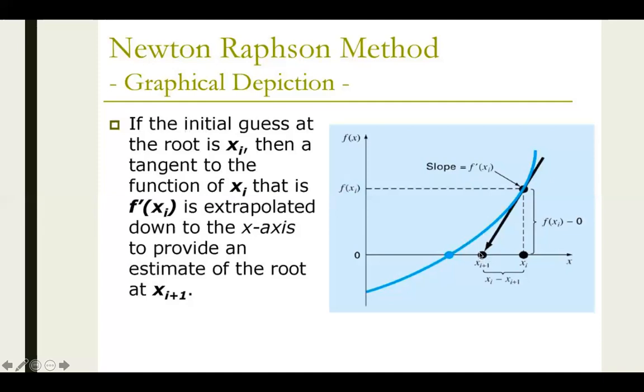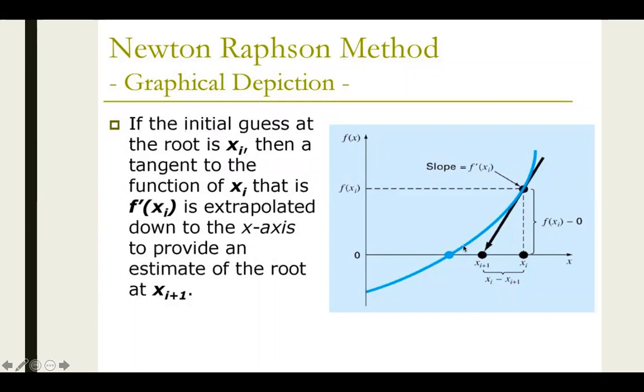In the next iteration, we again take a vertical line from xi plus 1. Then again we find the f dash here, and again we extrapolate until here. Let us say here it will be xi plus 2.